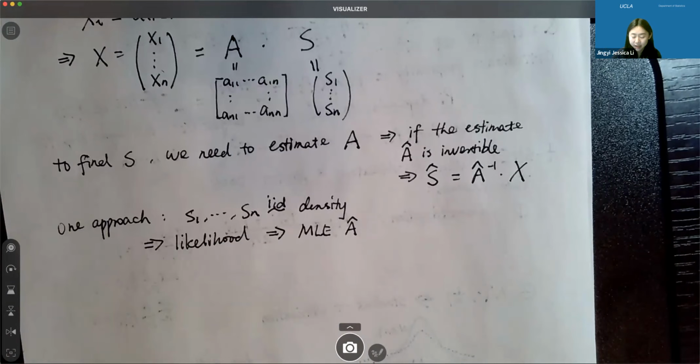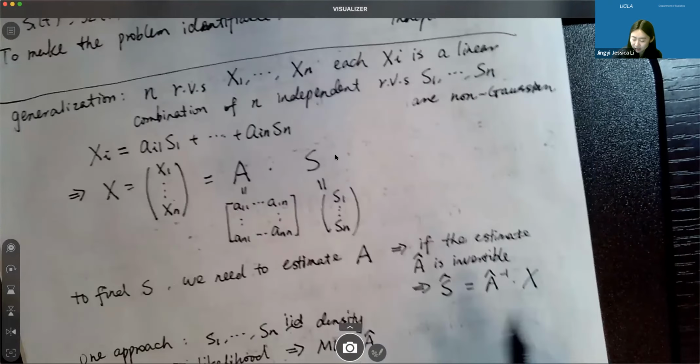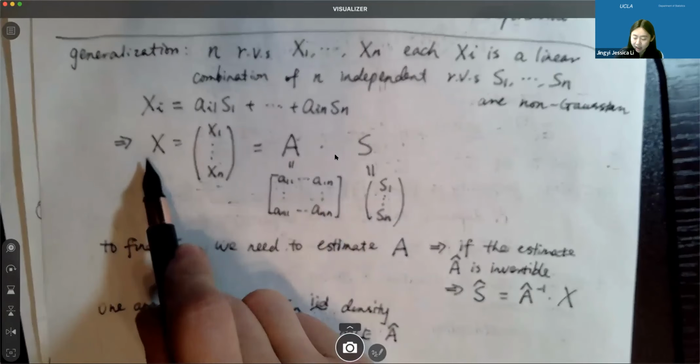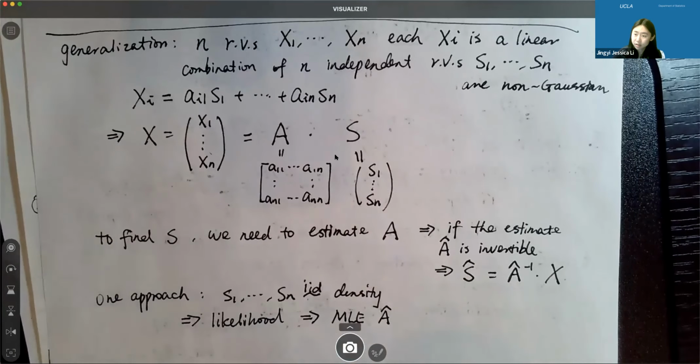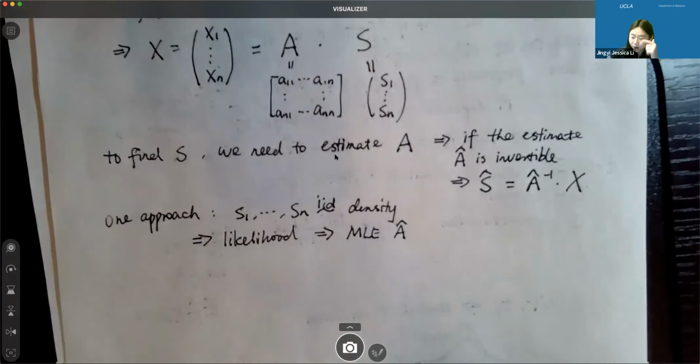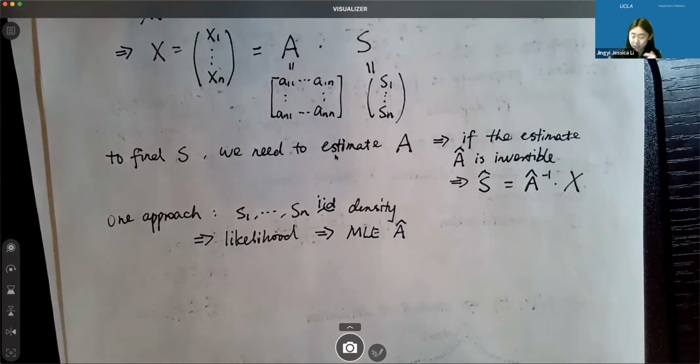All right, I think I'll stop here. We have a question in the chat box: since S is unknown, how do we compute the likelihood? You still write down the likelihood based on X1 to Xn. The X1 to Xn are in your likelihood function, but the probability assumption is written based on S1 to Sn.